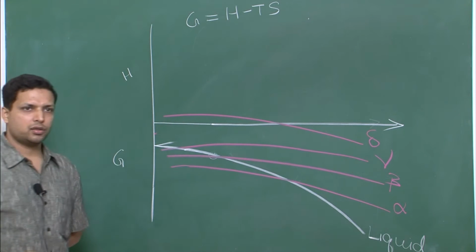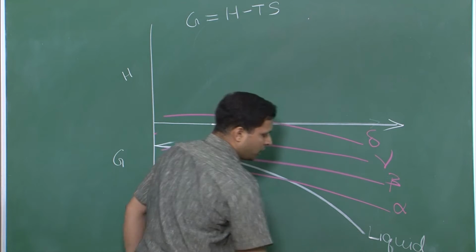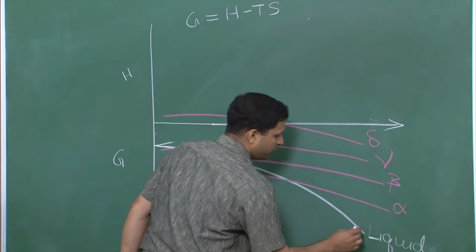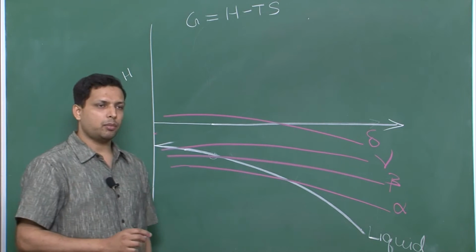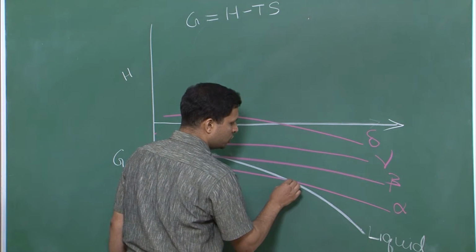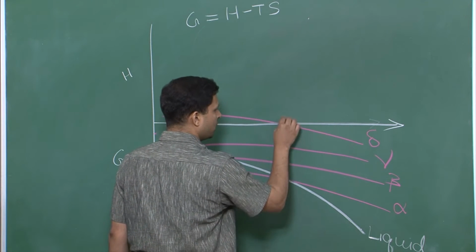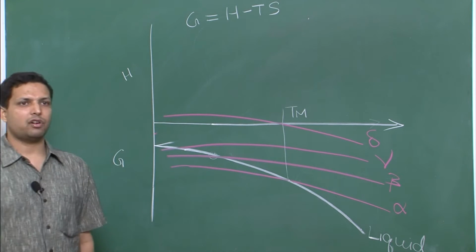So, now what does thermodynamics tell us about all this? Let us say we are coming from a temperature high enough where liquid is the stable phase. So, we are in the liquid state and we keep reducing the temperature. This is the temperature at which ideally we would have expected solidification into alpha phase.